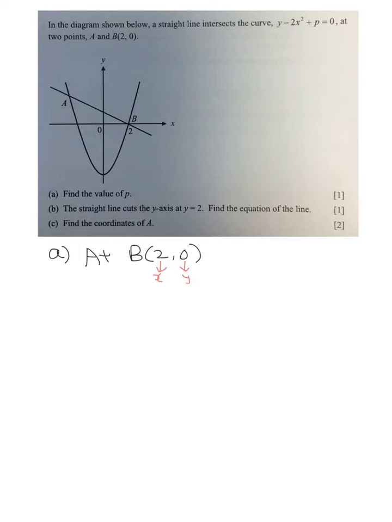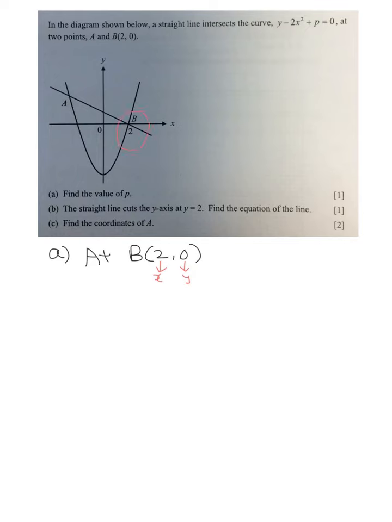In functions and graph questions, it's often very important that you know which x and y value to substitute into the equation of the curve or the line, if it is given. Now in this case, the coordinates of B are given.